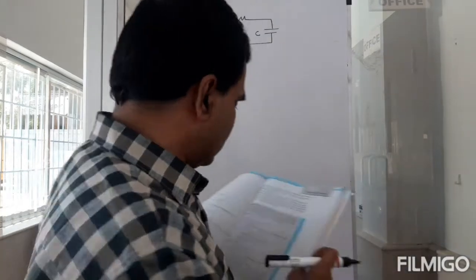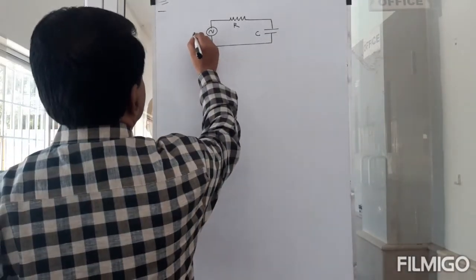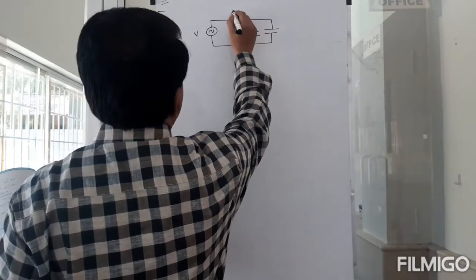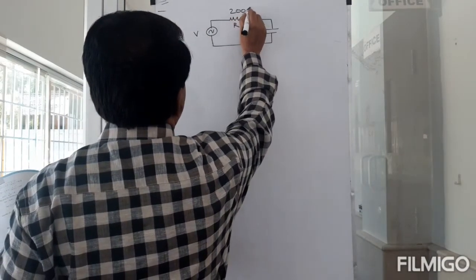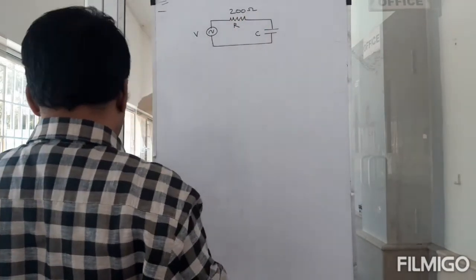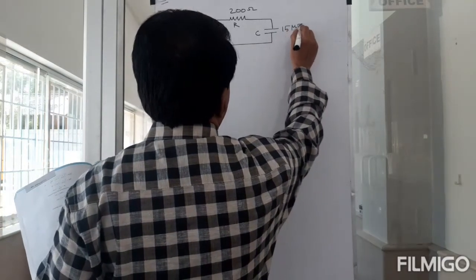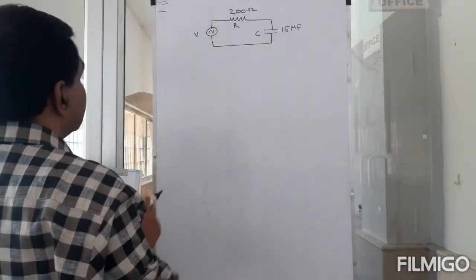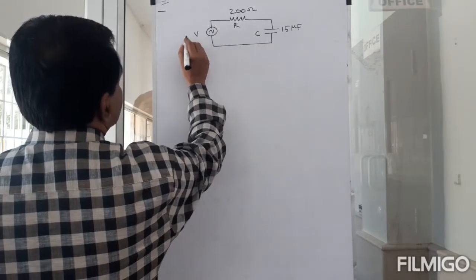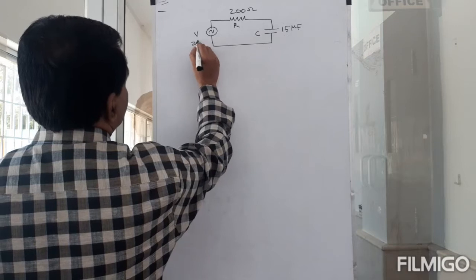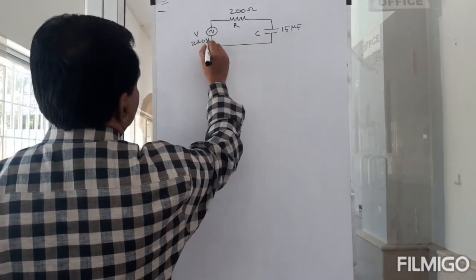The resistor is 200 ohms, the capacitor is 15 microfarad, and the voltage is 220.